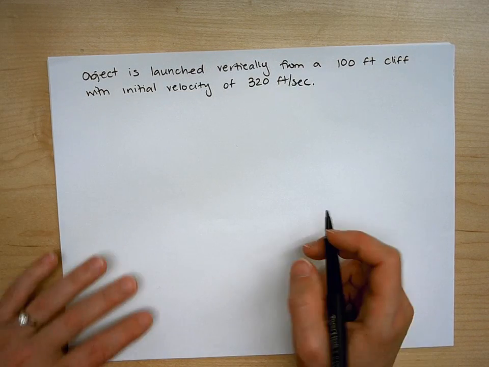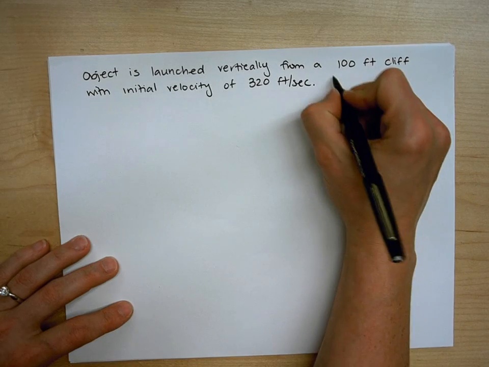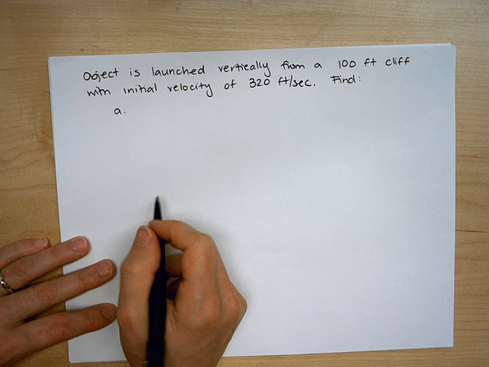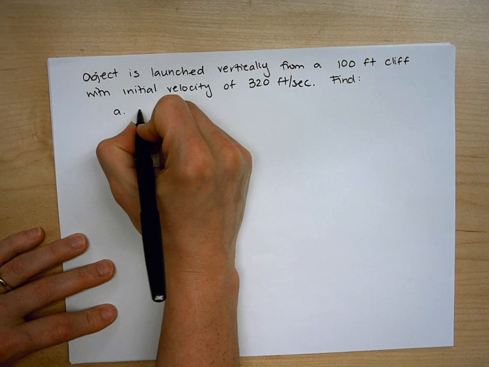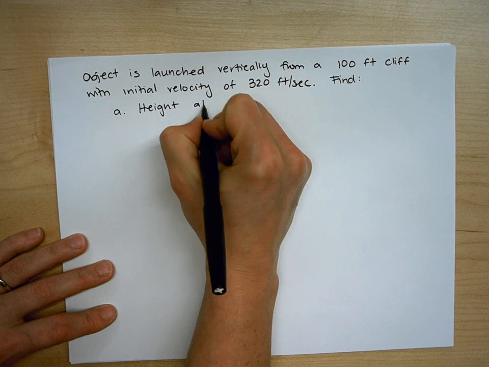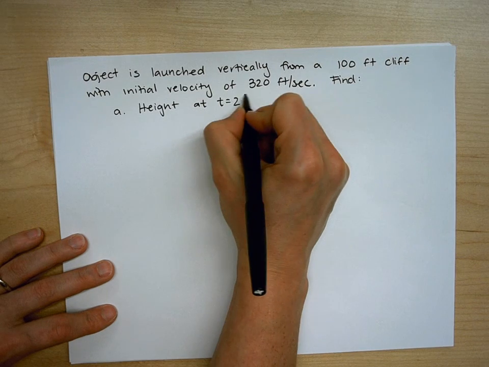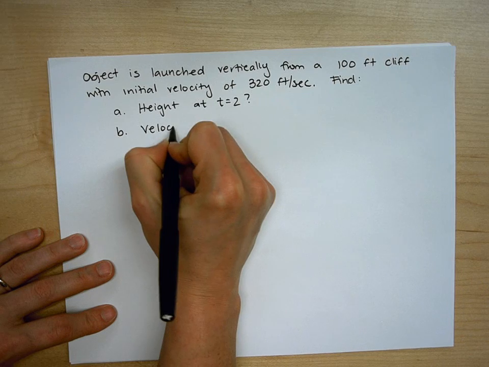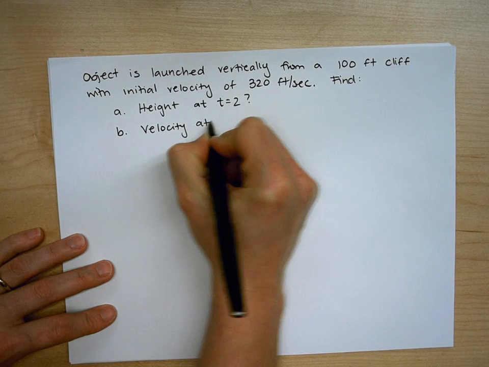Okay, and there are a few different things we're going to want to find here. So some things that we want to know. Let's figure out the height of the object at time 2. And let's also figure out the velocity at time 2.